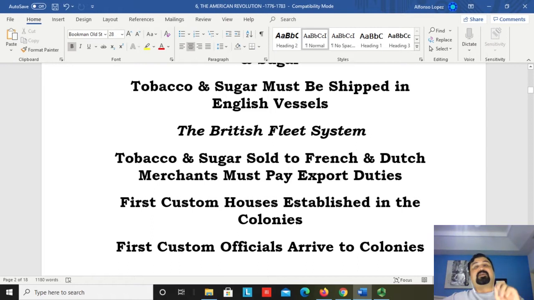Those were very special types of merchant vessels. And so the British ended up creating, with those Navigation Acts, a fleet system.